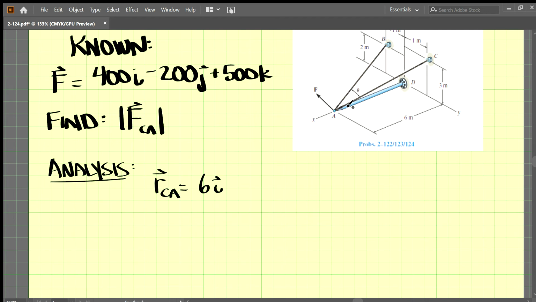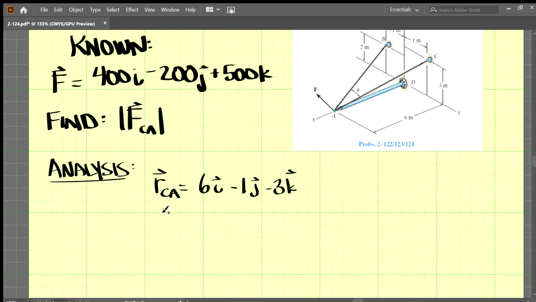In the Y direction, we're moving closer to the origin by 1 meter, so that's negative 1J. And in the Z direction, we're moving downwards 3 meters, so that's negative 3K.